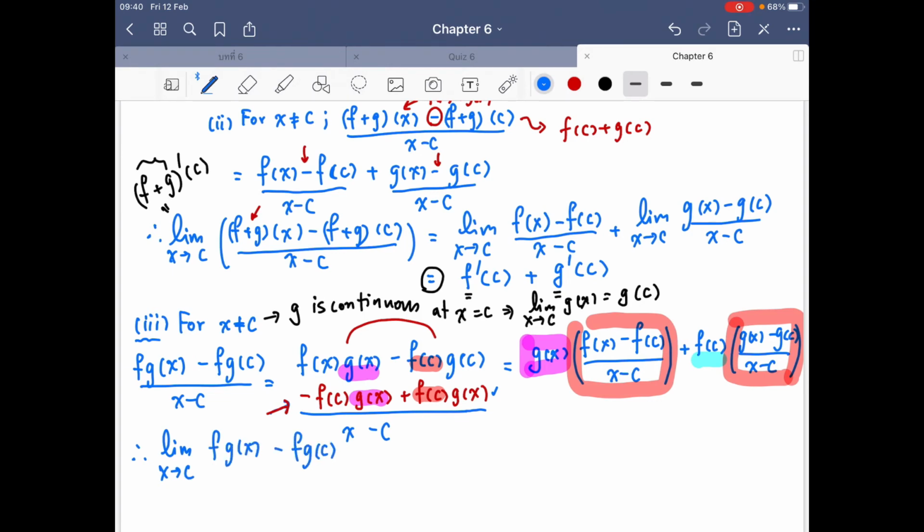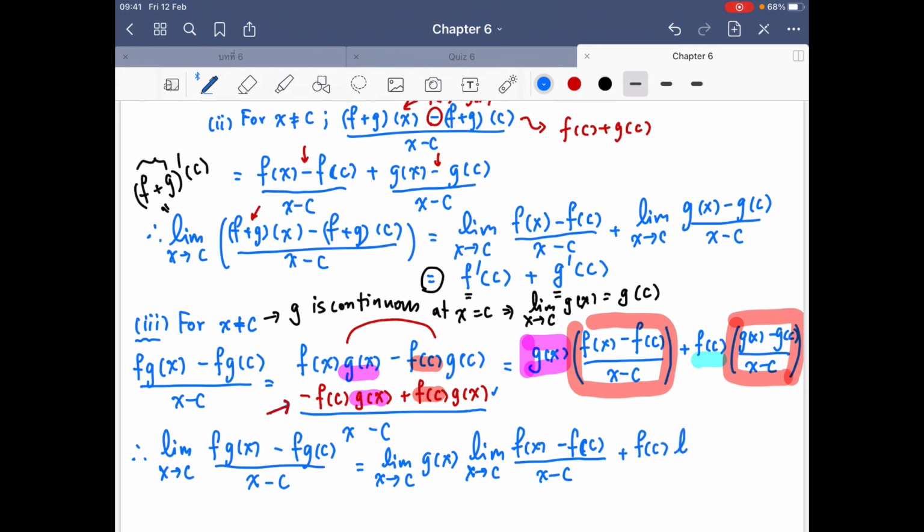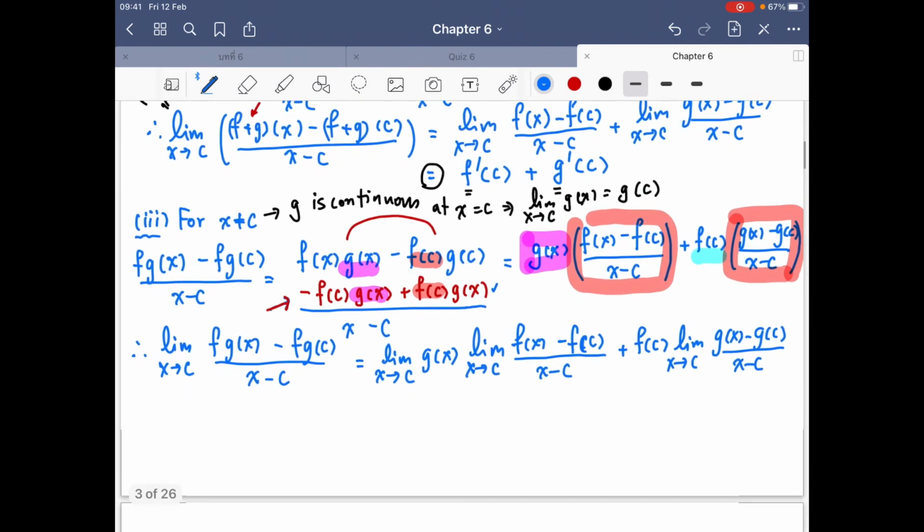So as you take the limit of the quotient on the left, the product of f and g minus the product of f and g at c over x minus c, it will be the same as the limit of g(x), times the limit of the quotient (f(x) minus f(c)) over x minus c, plus f(c) times the limit as x goes to c of the last quotient about g. And this one, because it is continuous, is simply g(c).